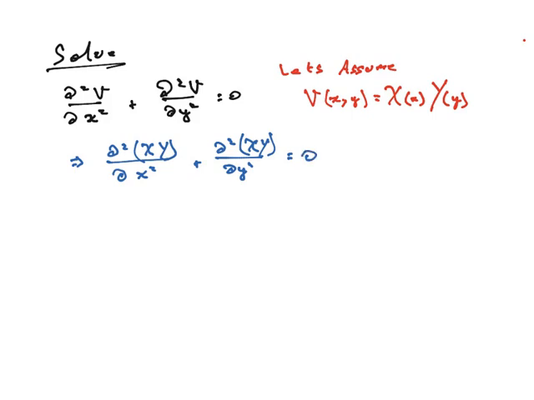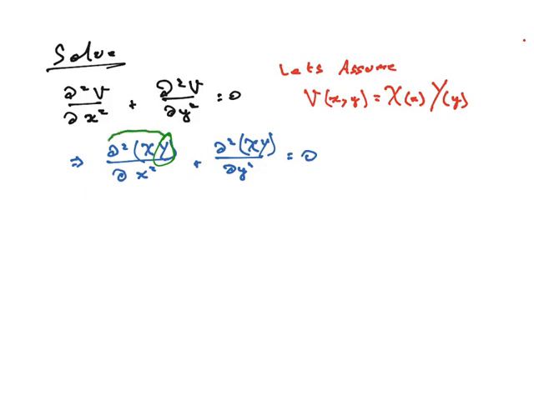Now, how is this useful? All I did was rename V. V is now just called XY. Okay, who cares? Well, the reason this is useful is because since X is only dependent on x and Y is only dependent on y, notice for this first term, this Y piece of the function is going to act like a constant because these are partial derivatives. The only thing the derivative is going to hit is the X piece.